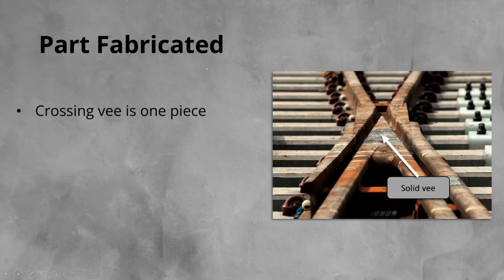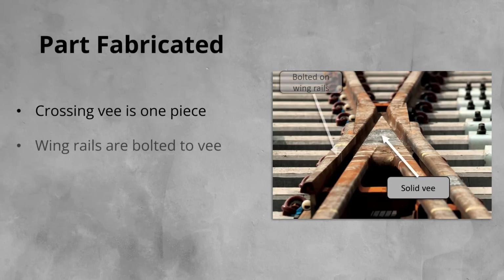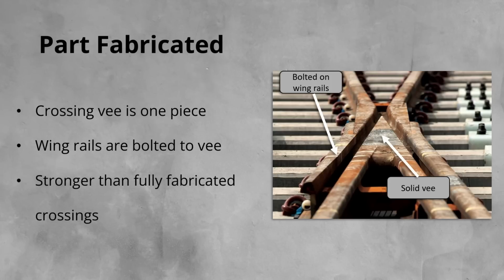This is achieved by either electro-slag welding the point and splice rails together in the manufacturing plant, or by the use of a cast V. This is known as a cast center block crossing. To this V, wing rails are then bolted, in a similar fashion to a built-up crossing. Part fabricated crossings are stronger than a standard built-up crossing, which allows them to be used in CWR track, as well as higher usage and tonnage lines.